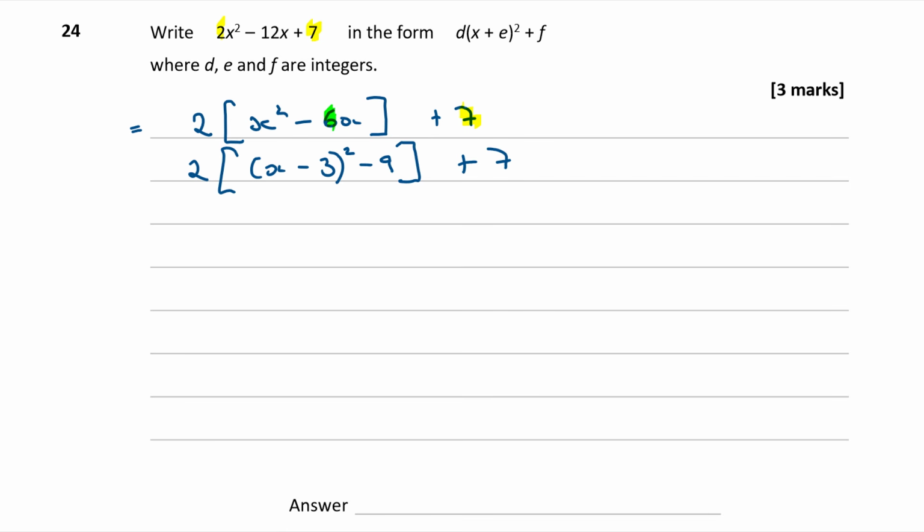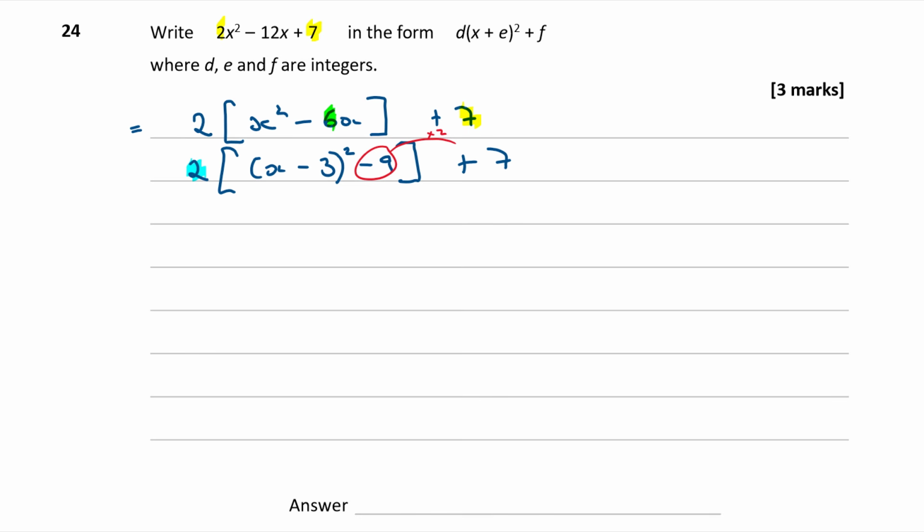Now notice how I placed those square brackets. I did it on purpose because I need to take this minus 9 and join it up with the 7, but when I pop it out of this bracket, it's going to have to be multiplied by that 2 that's sitting in the front here, because it's 2 lots of everything inside that bracket. So if I take it out of the bracket, I'm going to have to double it as it pops out.